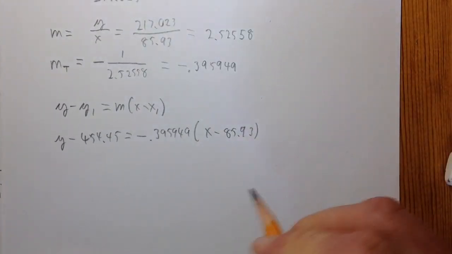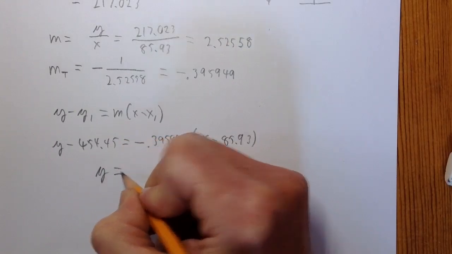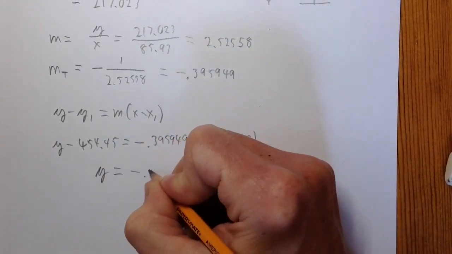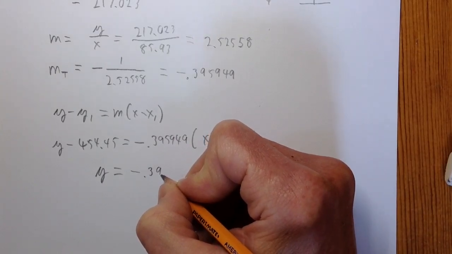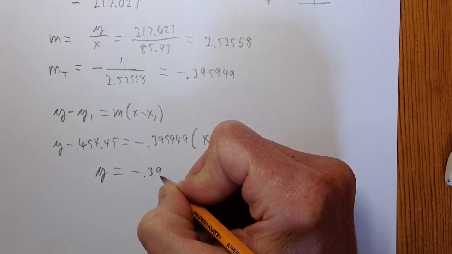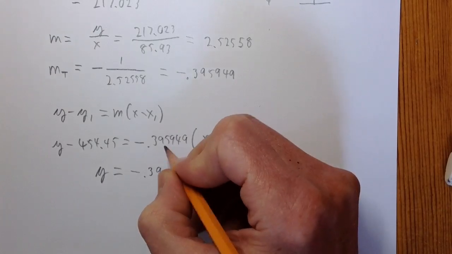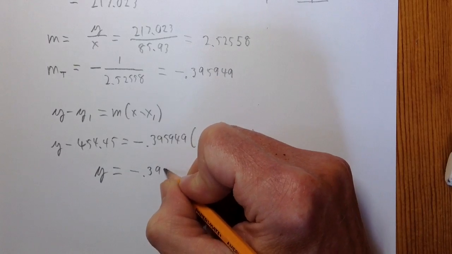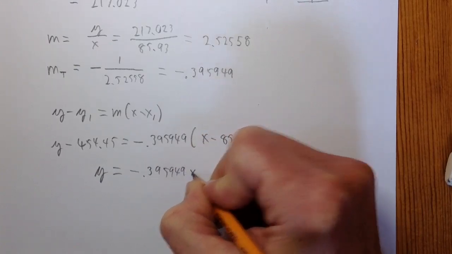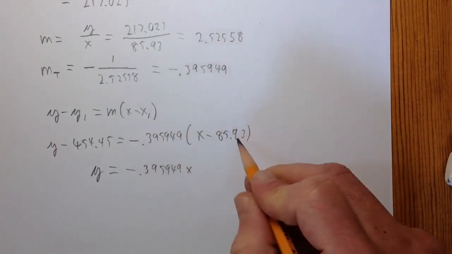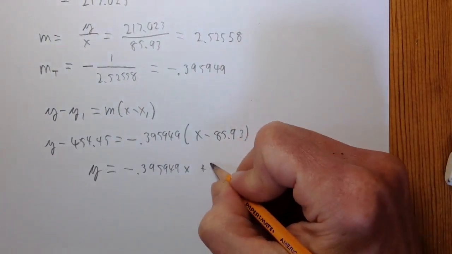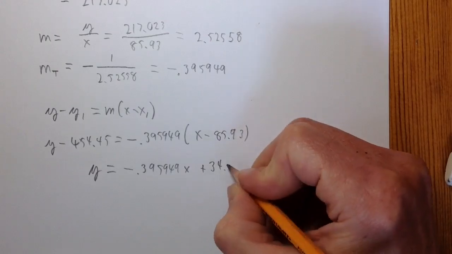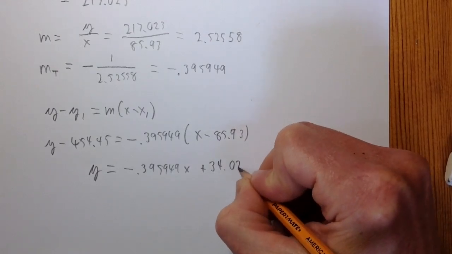Let's see. So y then is equal to negative 0.395949x. Again, how many decimal places should I keep here? See, this is negative times negative, so that's times 85.93. That's plus 34.024, let's say.